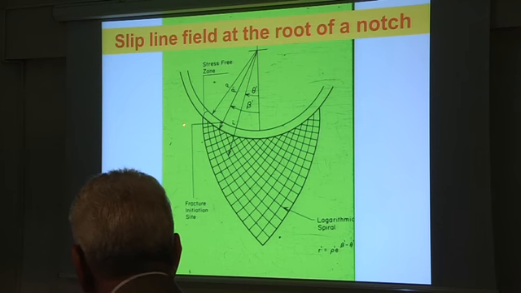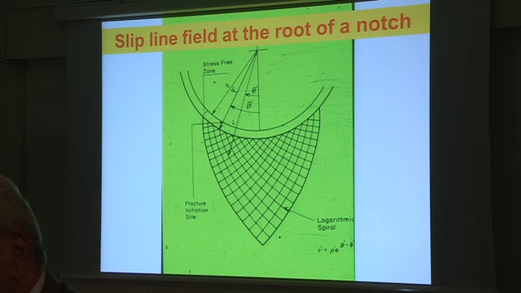And they generate a stress-free zone at the root of the notch. And then you have the development of a slip line field.